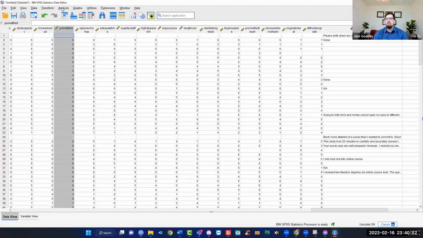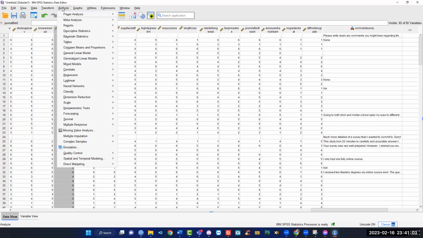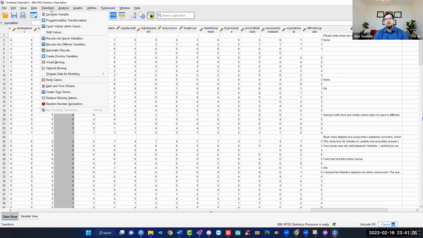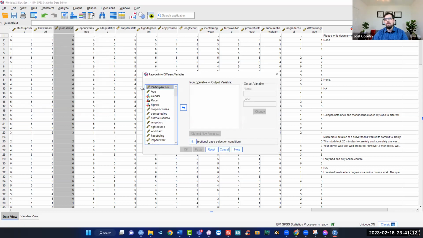So if we were reverse scoring journal field, let's say it was worded in the opposite direction to the other items that it's related to, we would recode into different variables. I want to keep the original. Where is it? Journal field. I could have picked anything, it really doesn't matter.